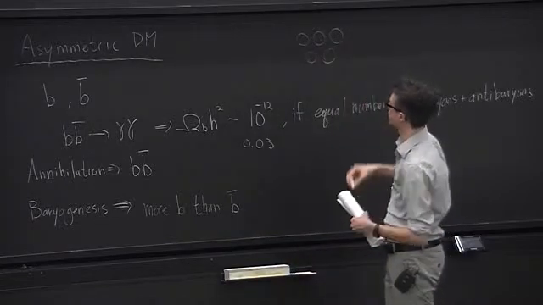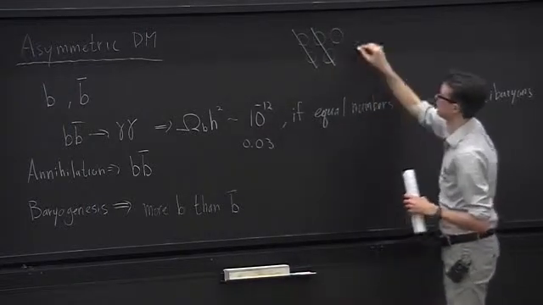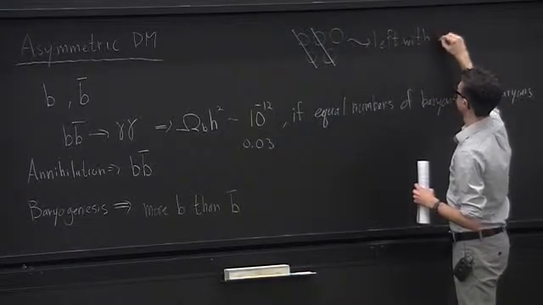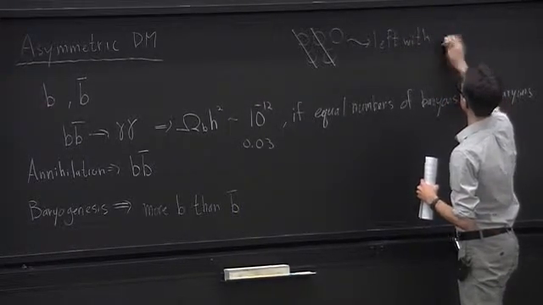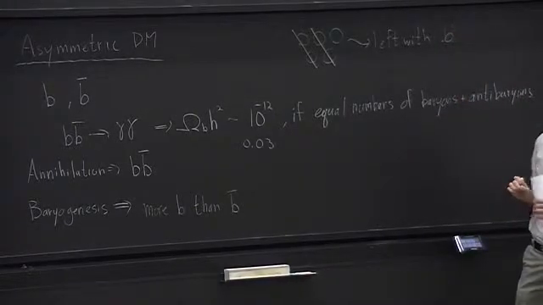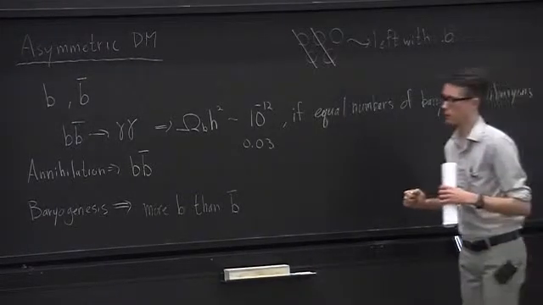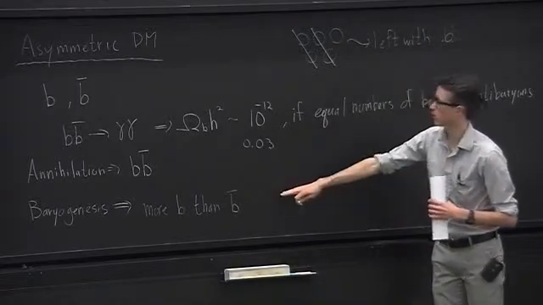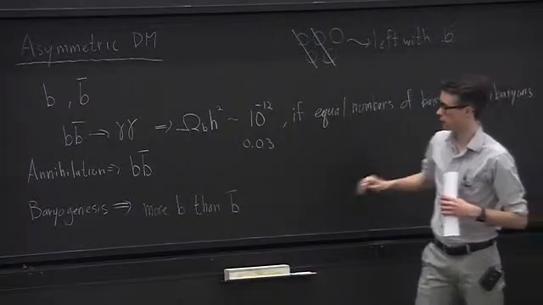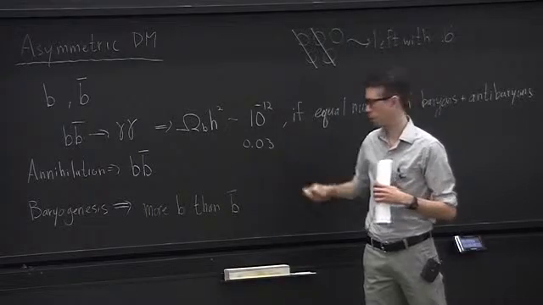This is fairly self-evident, but if annihilation is very efficient, I'll annihilate baryon with antibaryon, baryon with antibaryon, but I'm going to be left over with an extra B. So the idea of baryogenesis is some unspecified mechanism creates more baryons than antibaryons. And the fact that baryons can only annihilate with antibaryons means that once I run out of antibaryons, what I'm left over with, I'm stuck with. So the point is that if I produce enough of an excess of baryons over antibaryons, I can get this relic density.